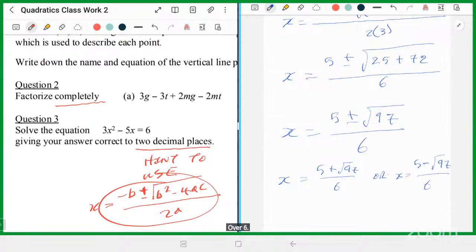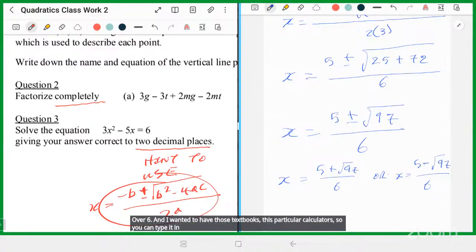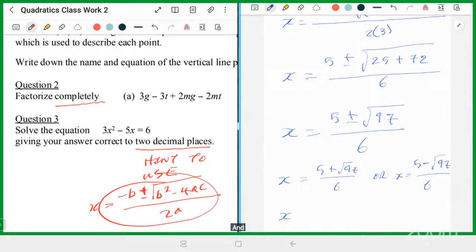Then put those values in the calculator, and I want you to have those textbook display calculators so you can type it in exactly as it is. And I think the first answer was 2.47. I'm not going to show it on the calculator this time. When you work this out with a calculator, the other one is x equals negative 0.81, I think.